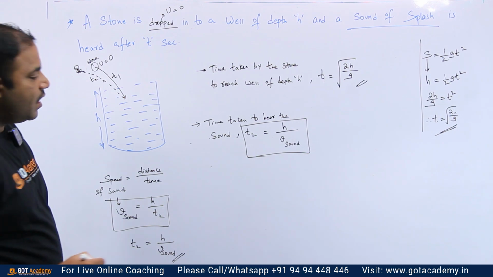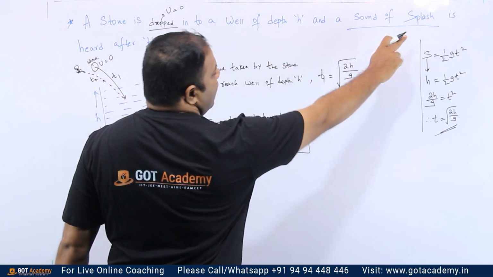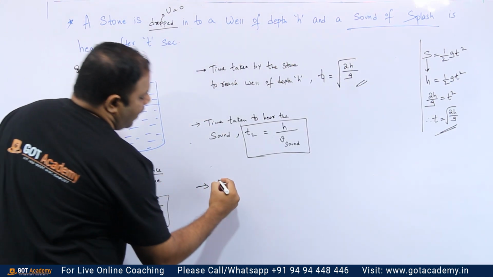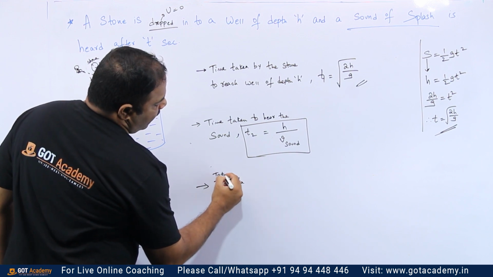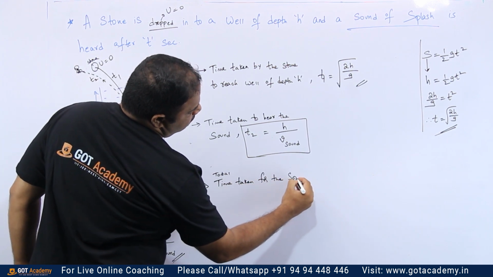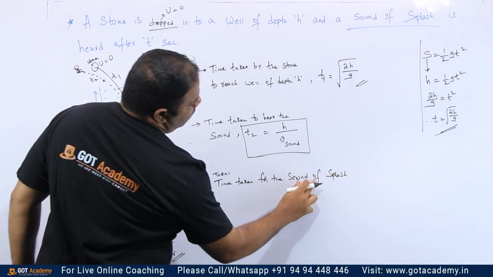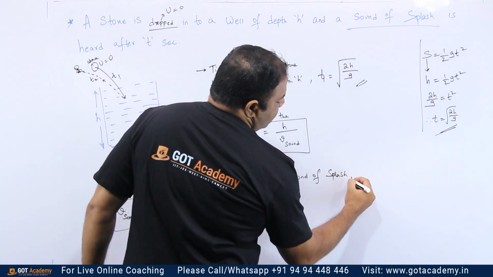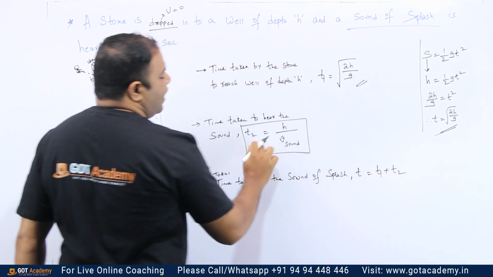Now, what we are interested in finding is the sound of splash, meaning we have to write the complete time. The total time taken for the sound of splash is the sum of these two times, T1 and T2.